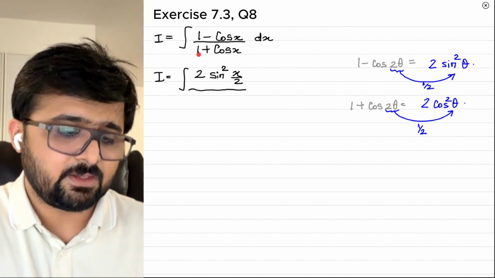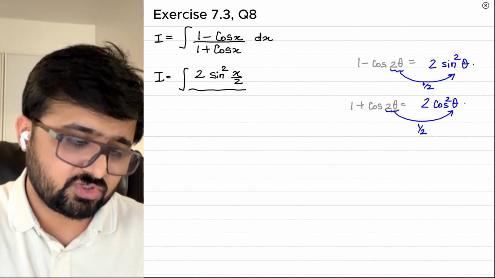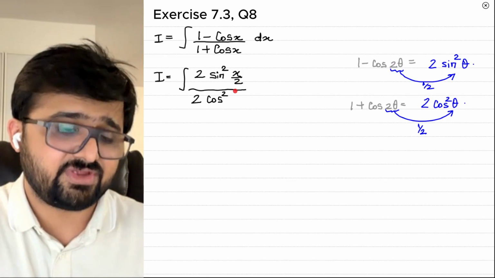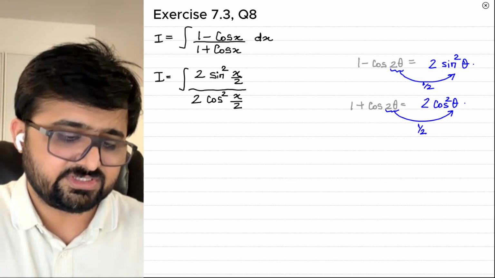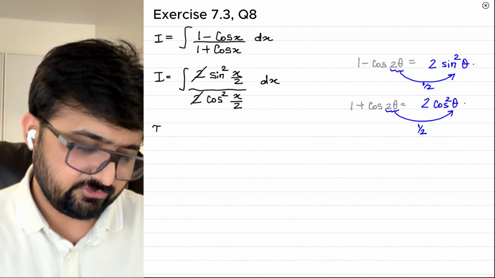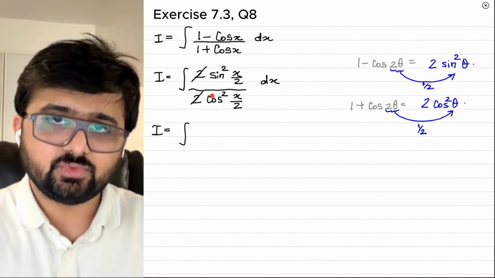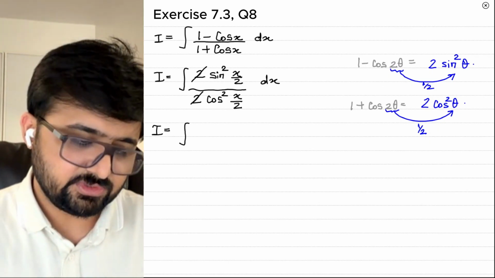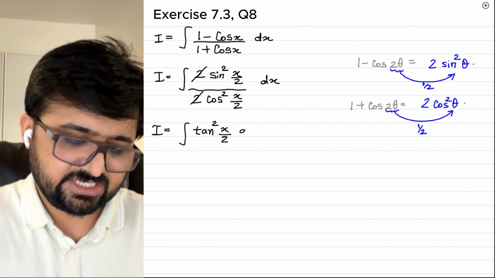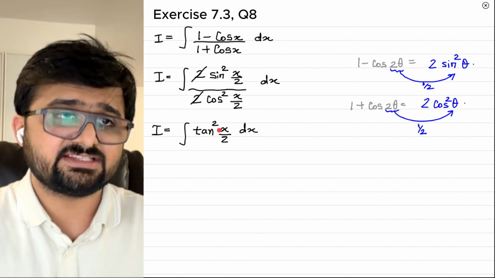Divided by 1 plus cos, the formula is 2 cos square, and the angle becomes half, x by 2, with respect to x. Now that will become integration of sine square x by 2 divided by cos square x by 2, which is tan square x by 2 dx. Sine divided by cos is tan, so that will become tan square x by 2.